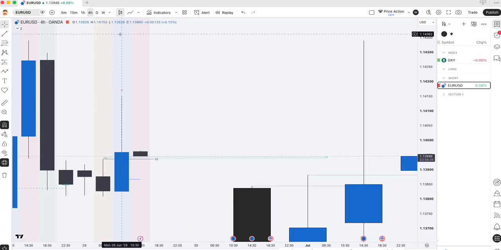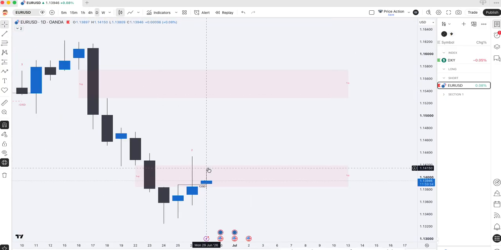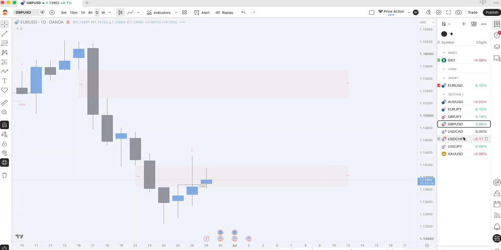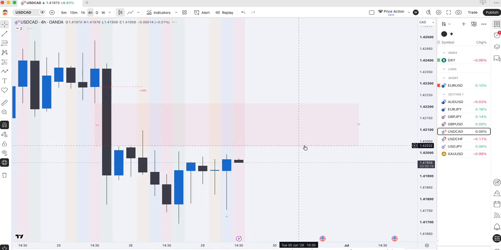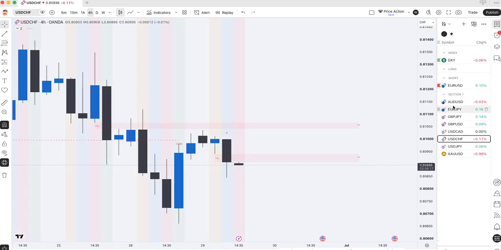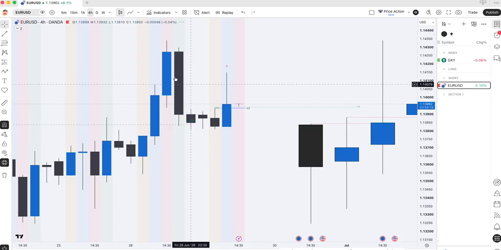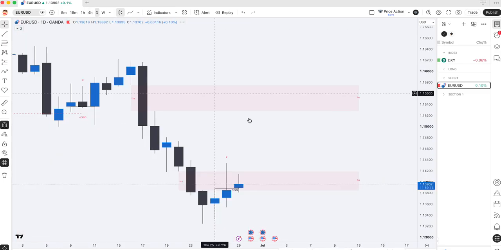I'll remove it. If this candle decides to go down, then it will form a C3, and then tomorrow I can trade C4. Multiple pairs will give me options to trade C4, like UCAD or UCHF as well. So I'll have options to trade tomorrow.